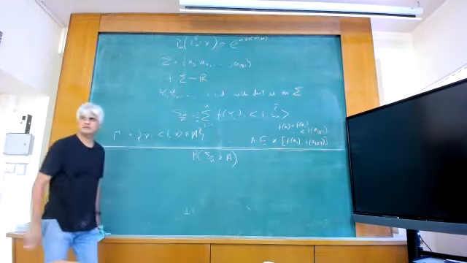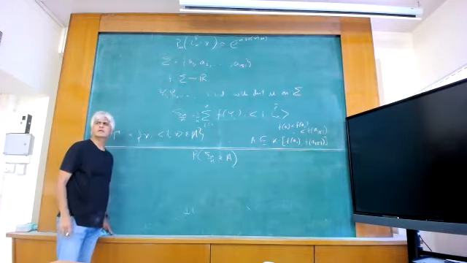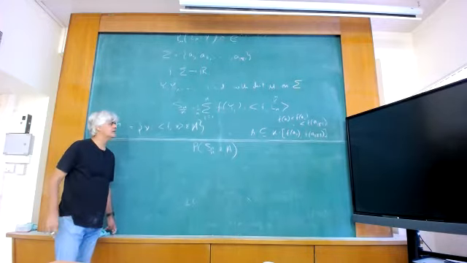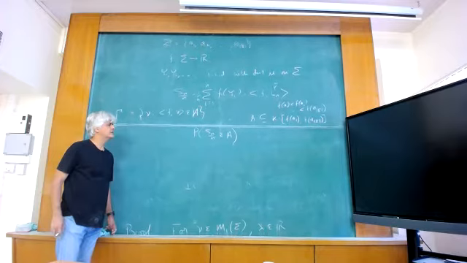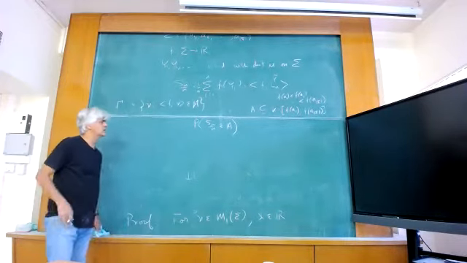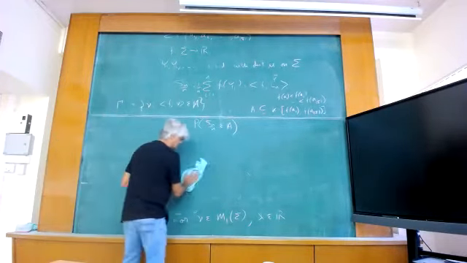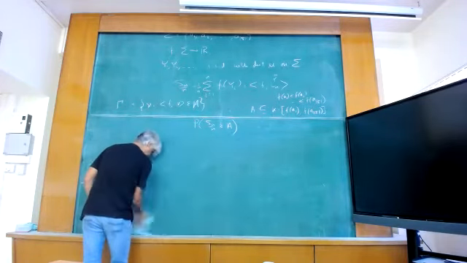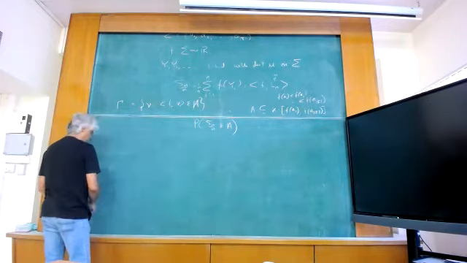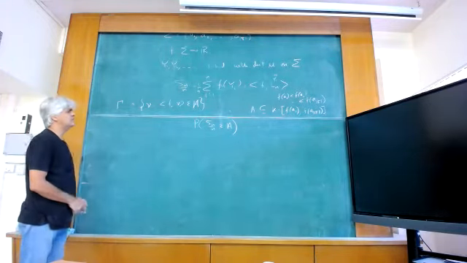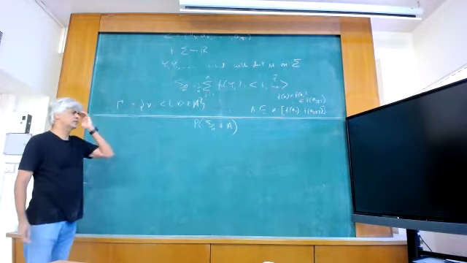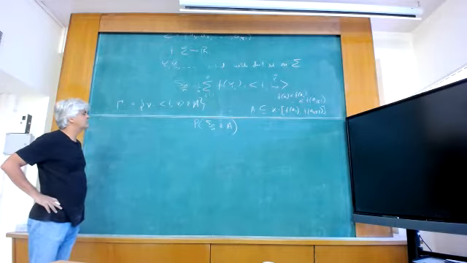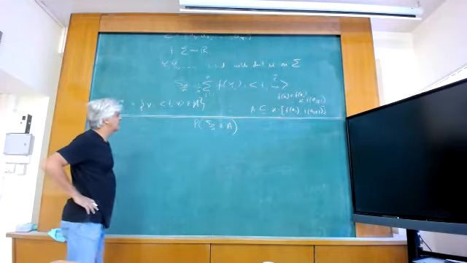I could take something bigger, but we don't gain much. Any measurable subset. It's all finite. Even later, we worry about open sets and closed sets, and we won't talk about measurable sets so far.